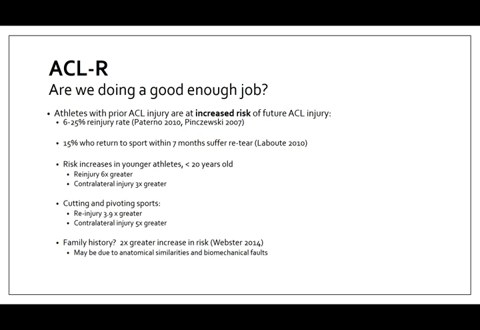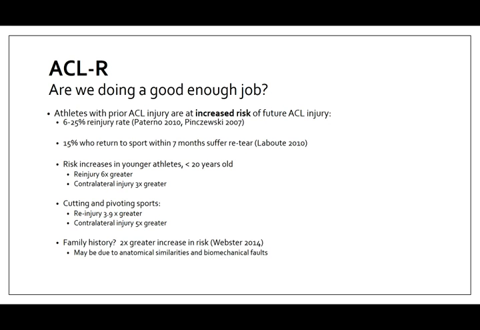The risk increases in younger athletes less than 20 years old. The re-injury rate in these athletes is 6 times greater than older patients, and the contralateral injury is 3 times greater. I also saw a study where a typical risk for an ACL injury is about 1% in all population. If you have torn your ACL though, you are at a 4% risk for tearing the contralateral side.